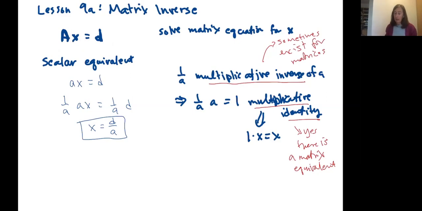So that's the overall idea here. In the rest of this lesson, I want to talk a little bit about what the multiplicative identity is for matrices and say a few more things about inverse matrices as well.